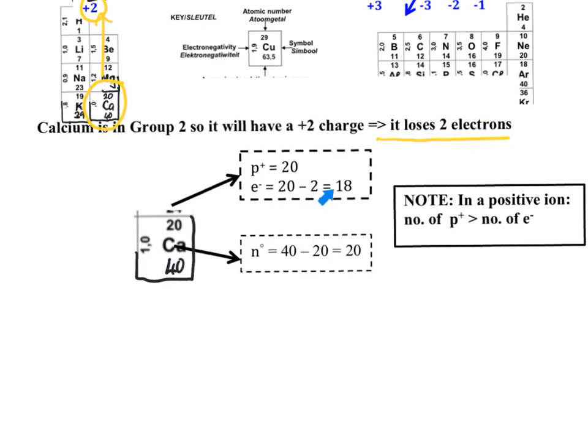So 20 minus 2 is 18 electrons. Remember the magic numbers. We've got 2, 8, 8, 2. So therefore, if you see the number 2, 2 plus 8 is 10, 10 plus 8 is 18. Right, then we know that we're dealing with an amount where the electrons are filling their energy levels.